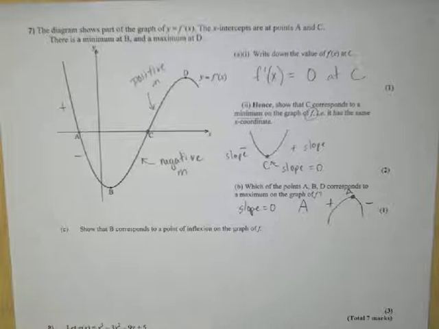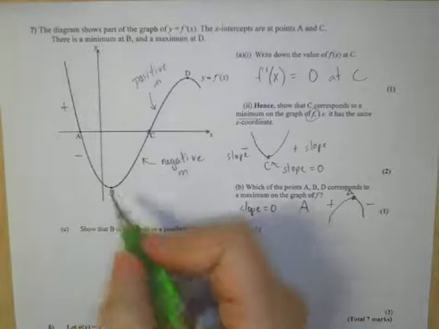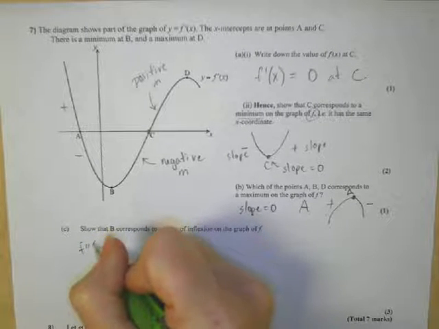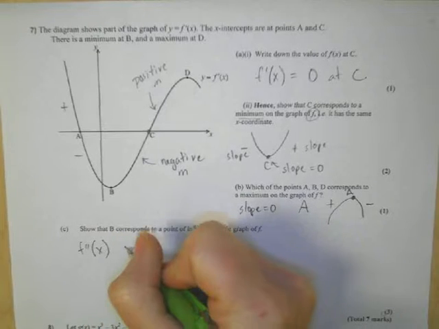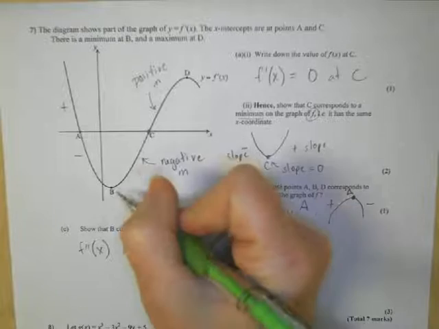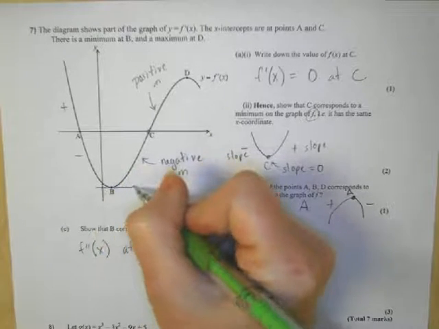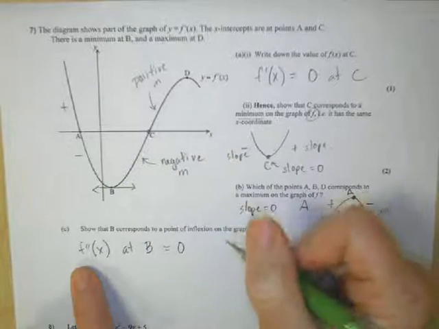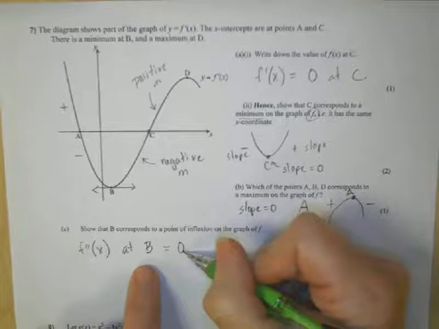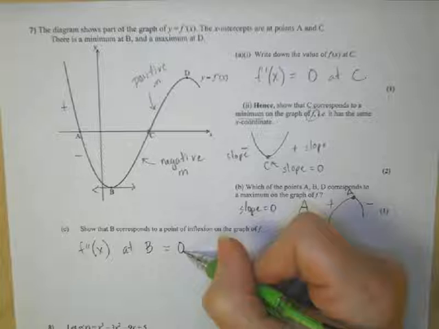Okay, so this is the first derivative. The second derivative of the function at B would be equal to 0, because right here a tangent line would have a slope of 0. So the second derivative would be equal to 0, and when the second derivative is equal to 0, we have a point of inflection.